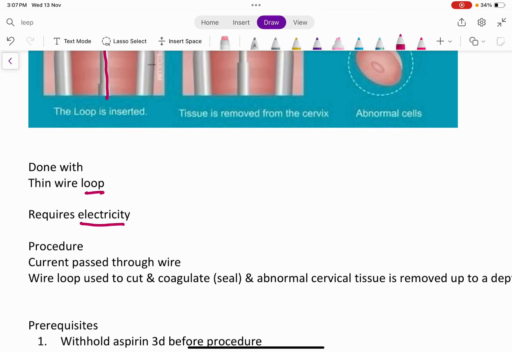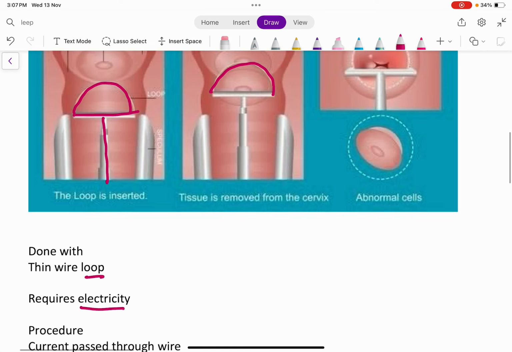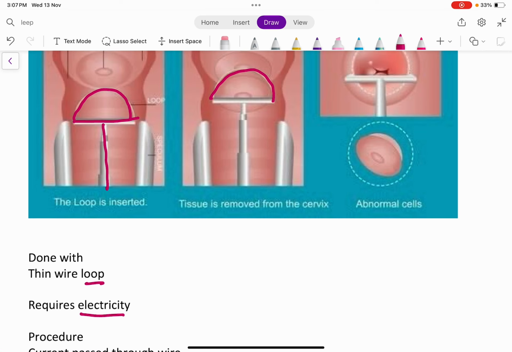This wire is going to cut and coagulate at the same time. The loop is going to cut the abnormal cervical tissue present in the cervix, and it is going to seal, that is coagulate, the tissue at the same time.